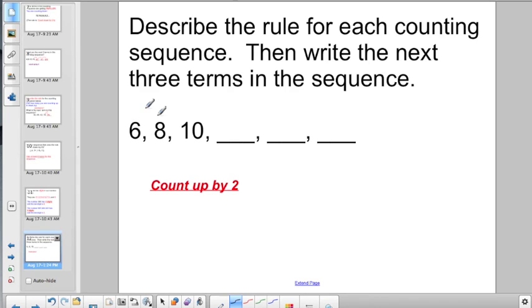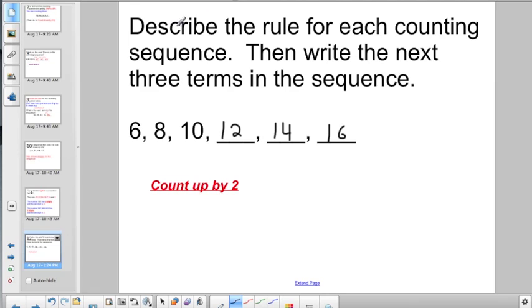6 plus 2 is 8. 8 plus 2 more is 10. 10 plus 2 more, okay, that's going to give us 12. 12 plus 2 more, hopefully you know, is 14. And 14 plus 2 more, hopefully you also know by that time, it is 16.